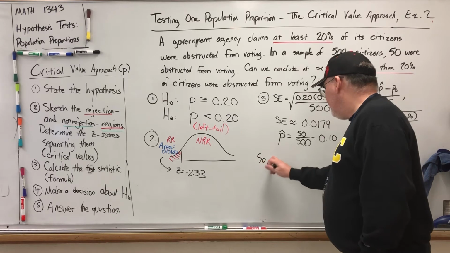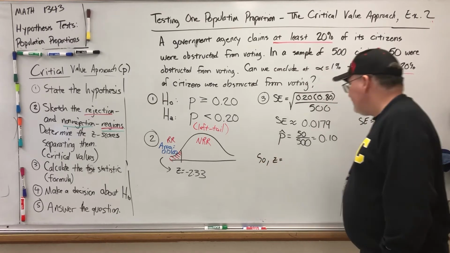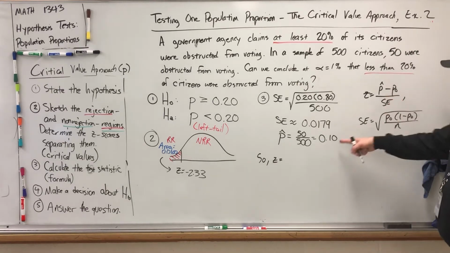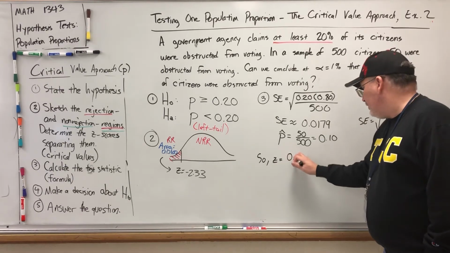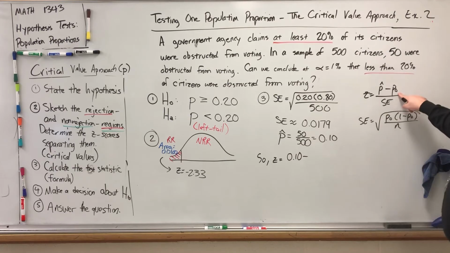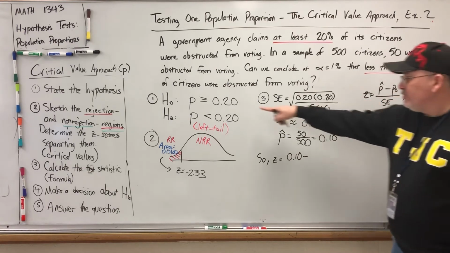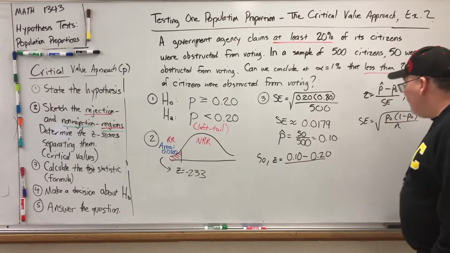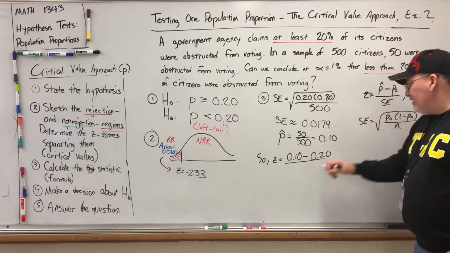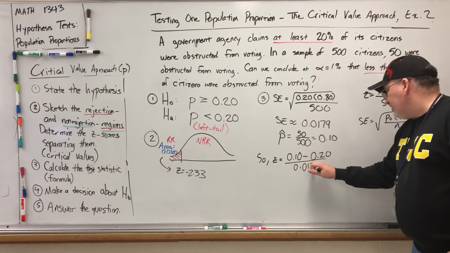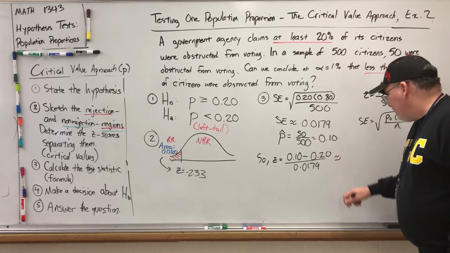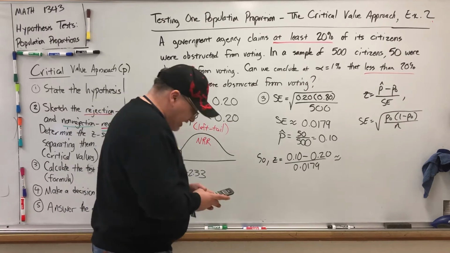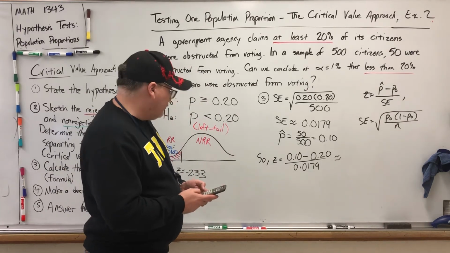So our test statistic, the z-score we're going to compare to the critical value, is what we got from our sample, which was 10%, minus what we hypothesized in the null hypothesis, which was 20%, over the standard error, which we calculated as 0.0179. And let's see what that's equal to approximately. The difference is negative 10%, don't really need to do the subtraction.